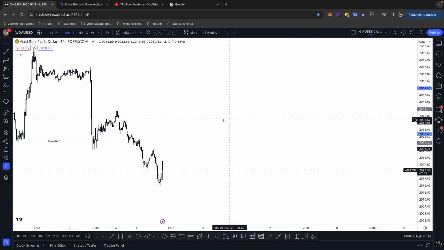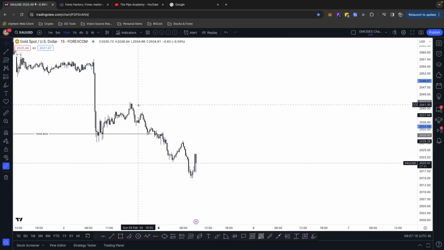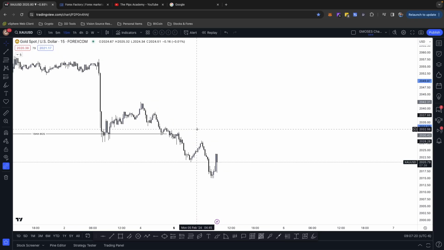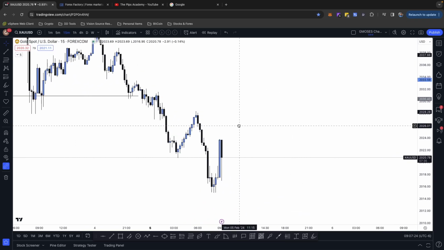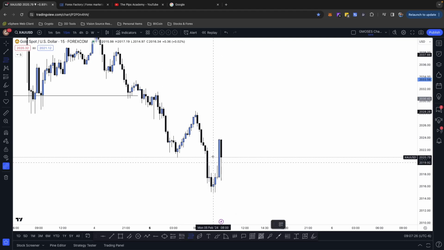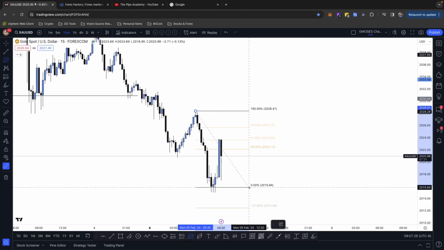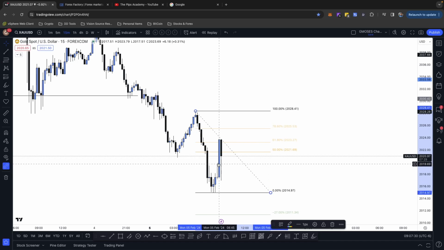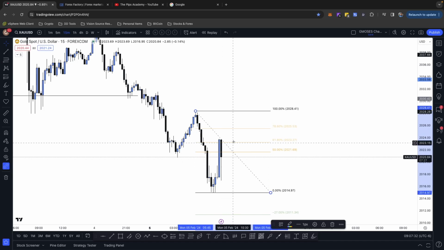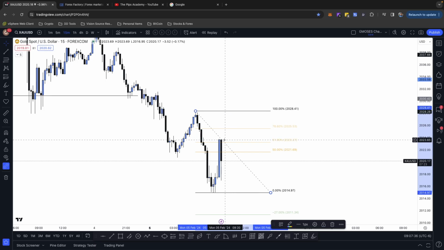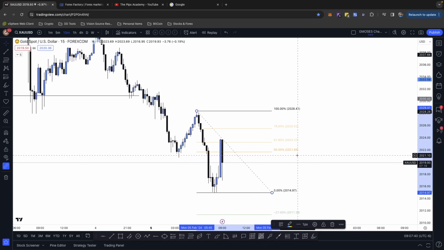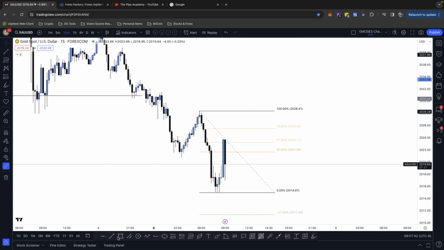Now that we broke through this area here, we can see our two valid swing points, and this is actually where current pricing is right now. We can take it from our swing high to our swing low, and we can see price is currently retracing into our golden, into our premium pricing right now to possibly give us some sells.